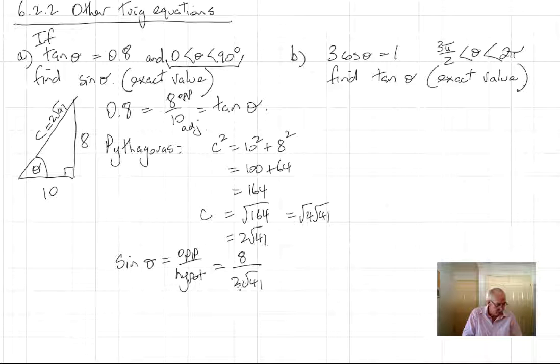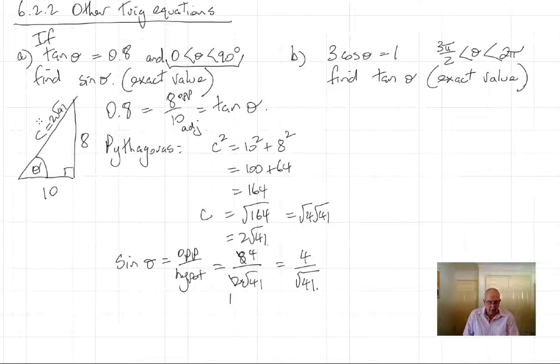Now because that 2 is connected to the square root by a multiply, I can do some cancelling here. 2 into 1 goes once, 2 into 8 goes 4, so 4 over root 41. Okay, so that is the exact value, 4 over root 41, of the sine of theta. If you're asked for cos of theta, you could just use 10 over 2 root 41 and you could work out the answer.